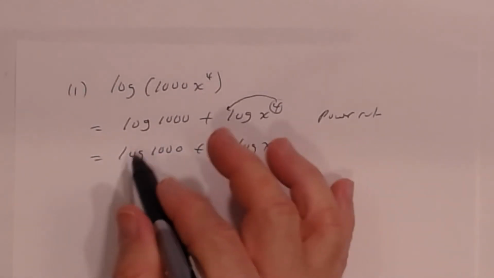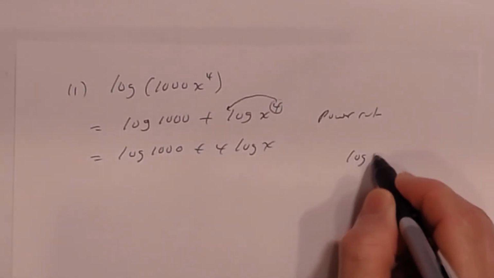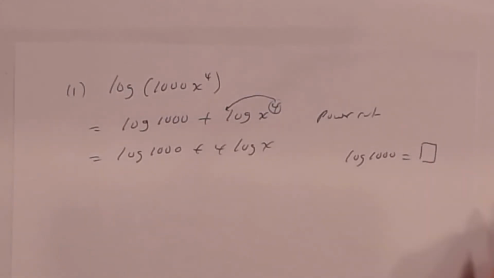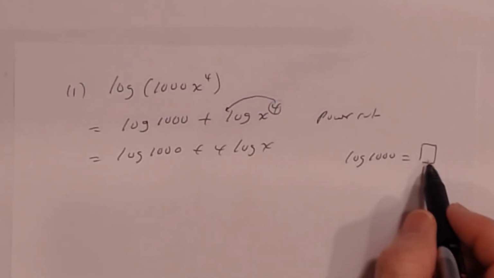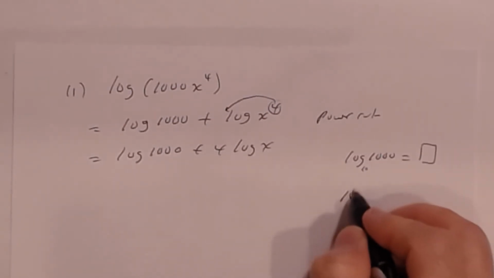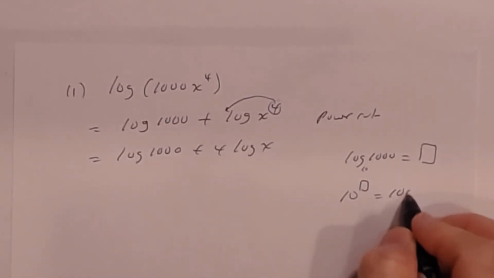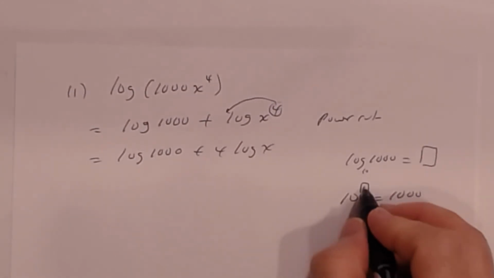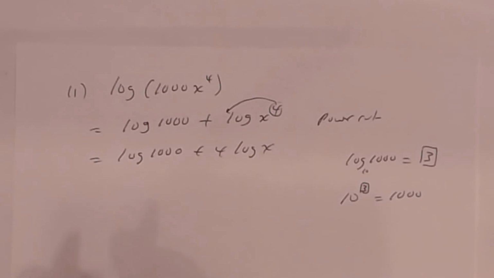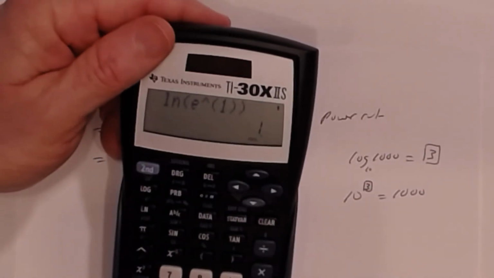But see this log of 1,000? That's easy to figure out. So you see this log equation? The base is 10, right? So 10 to what power is 1,000? Well, 10 to the third power is 1,000. So that's 3. You also have to use your calculator. Watch.